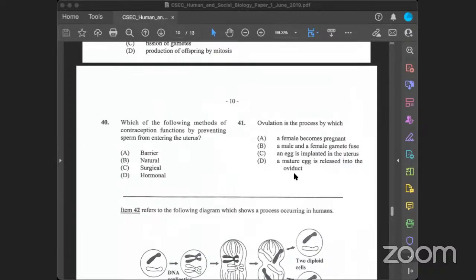D. Oh. So what is B? Fertilization. And what is C? Implantation. And the release of that matured egg is ovulation. Very good.